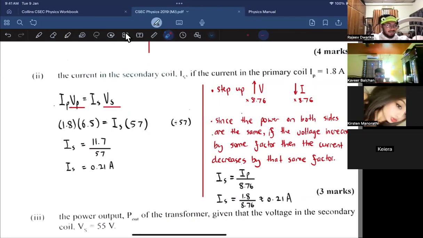P. Justin, if you want, you can tell her. No, wait, don't tell me. I didn't hear the question. What's the question? What is IP by VP? It's the same concept for IS by VS. But basically, what we're asking is, what is I by V? What is I by V calculated?